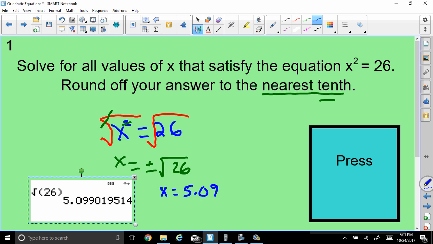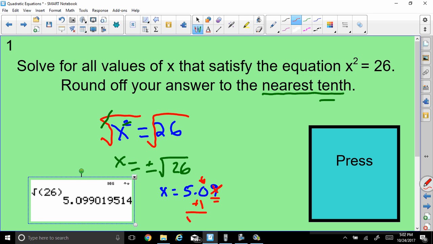And now let's round it off. So here is the tenths place right here. So we want to round that off to there. We remember, if it's 5 or above, the number next to it, we give this a shove up. If it's 4 or below, we leave it alone. So I'm going to shove this up by 1 and let this go.